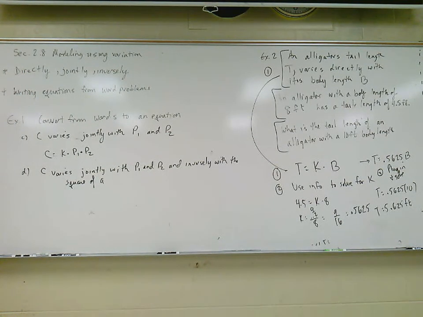So that's just one equation. What's on the left-hand side? What's on the right-hand side? How do you write the right-hand side? Don't forget, there's always a constant of proportionality.